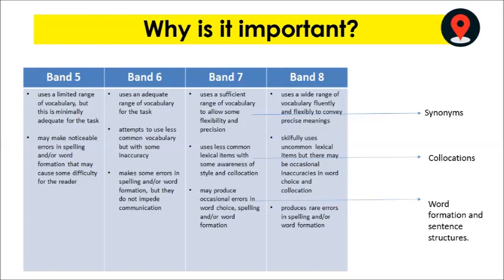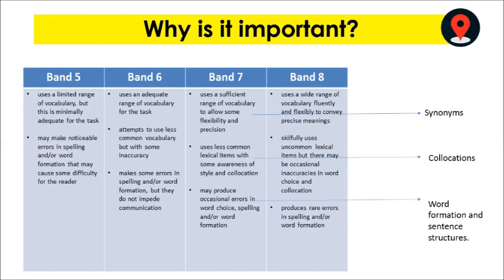So let's take a quick look at some of the descriptors. Over here, it says, uses a sufficient range of vocabulary to allow some flexibility and precision. That's basically synonyms. Another descriptor, uses less common lexical items with some awareness of style and collocation. That's quite obvious, collocations.